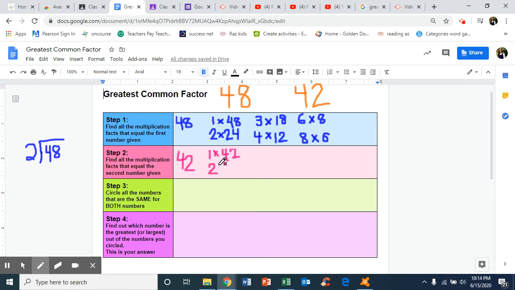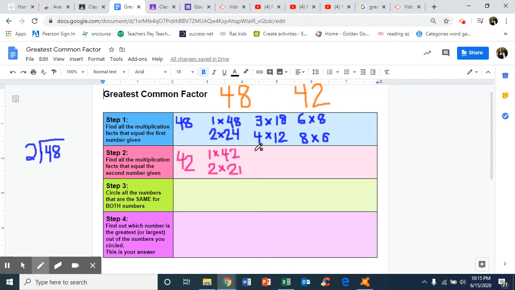And again, I know this is not a basic fact, but if the number is an even number, you should always know 2 can always go into an even number every time, no matter what. So you would just have to do the math to figure that out. But I'll just tell you the answer is 21.